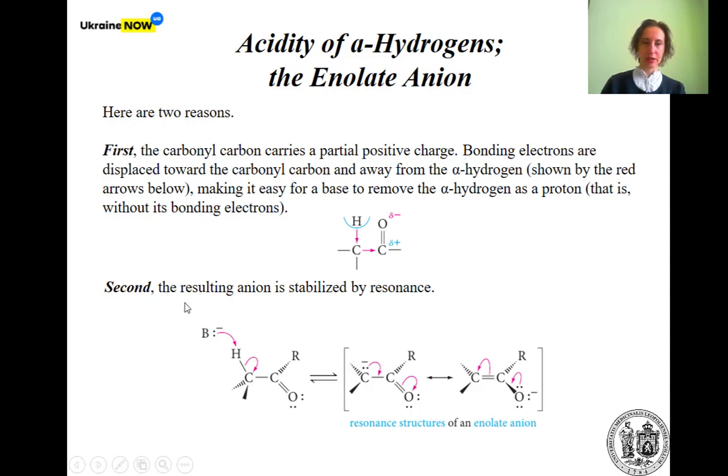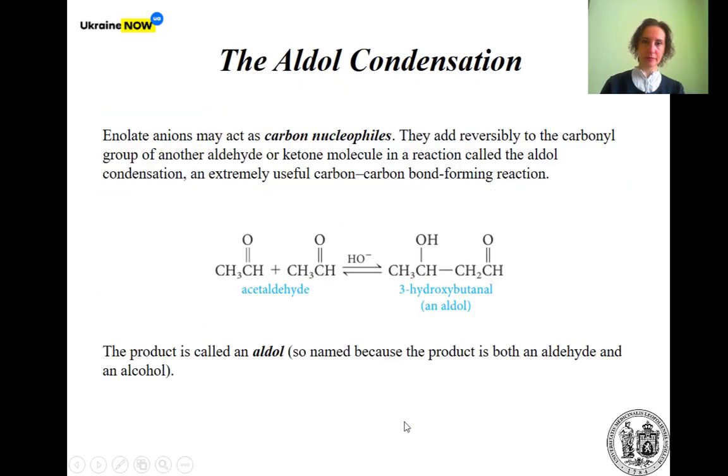And because of this possible tautomeric interconversion between the carbonyl keto form and the enol form, aldol condensation is possible. This reaction occurs between two molecules of aldehyde or ketone that react with each other.